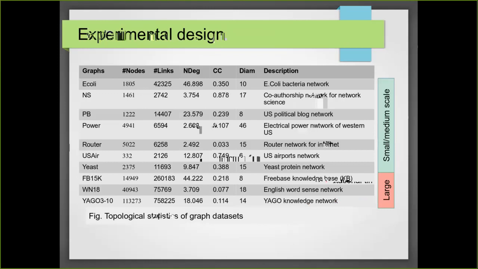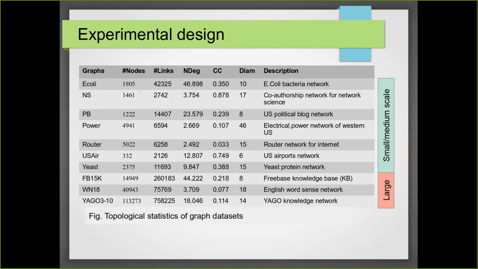So in this study, we focus on opening the black box problem. For the experiment, we use 10 graphs from several domains. The first 7 graphs we set as small size graphs because they have fewer nodes, and the last 3 graphs are larger graphs.